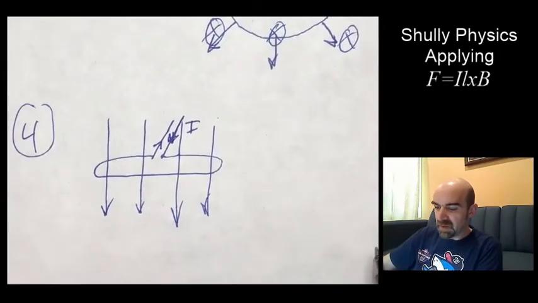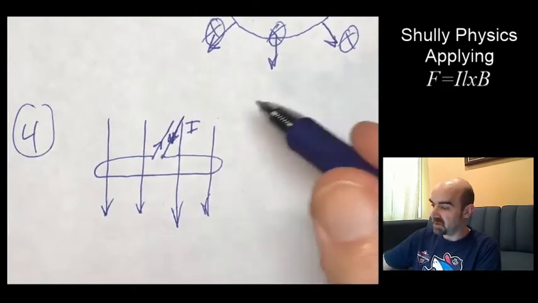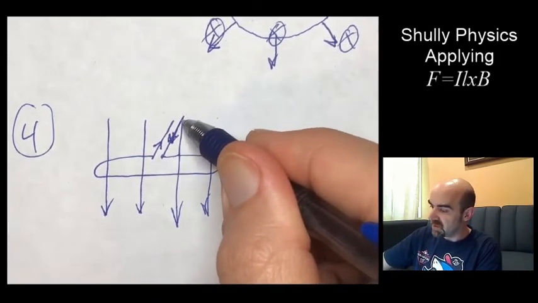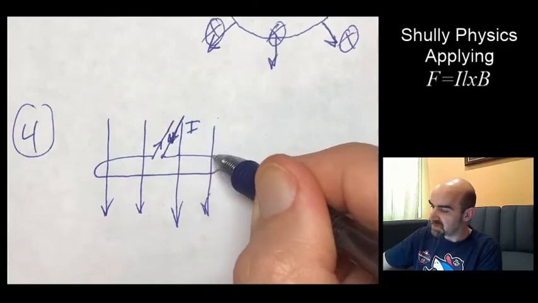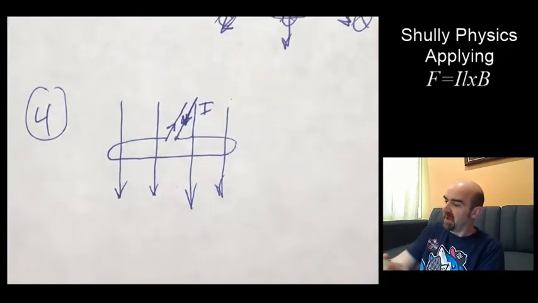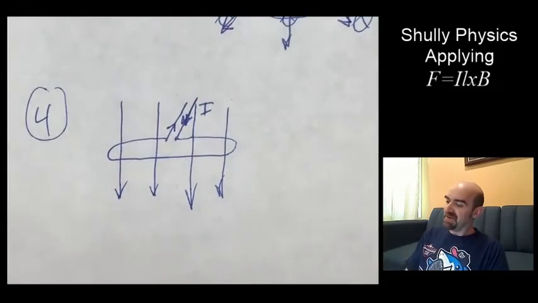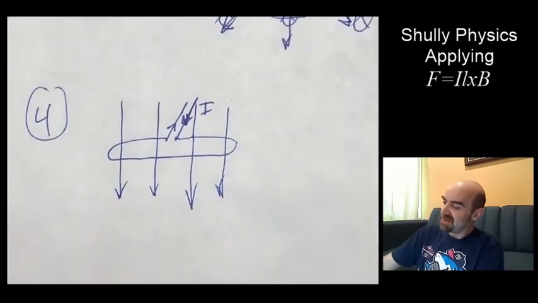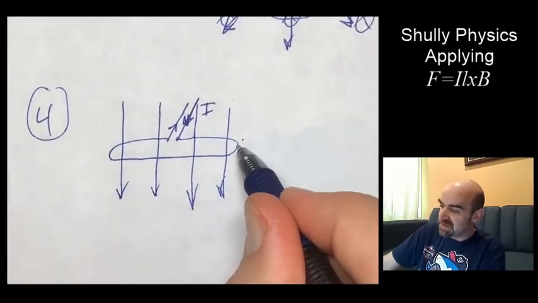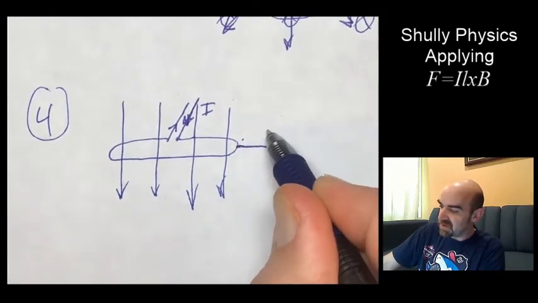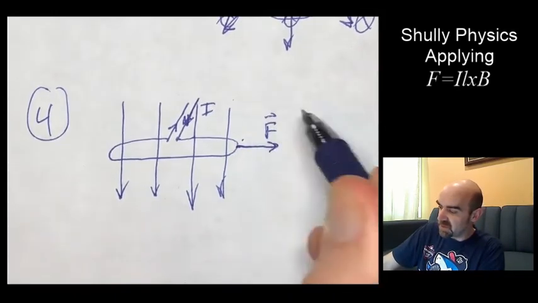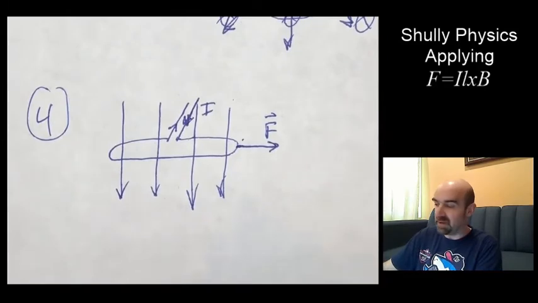Okay. So what is the direction of the force on all the parts of the loop here? So the current's coming kind of out of the page here. We've got the current flowing out of the page towards us. And the magnetic field is down, so do the right hand rule, please. You're going to find that there's going to be an outward force on that segment of the wire there.